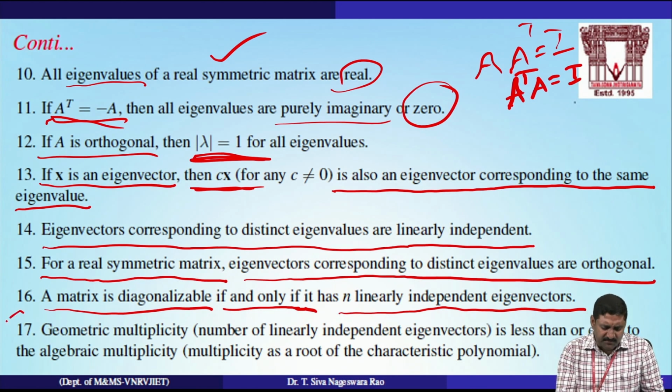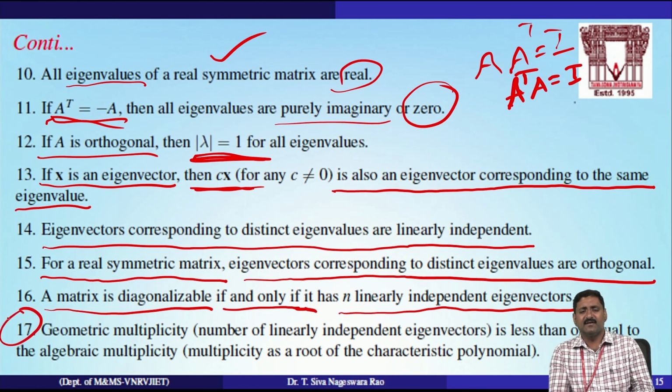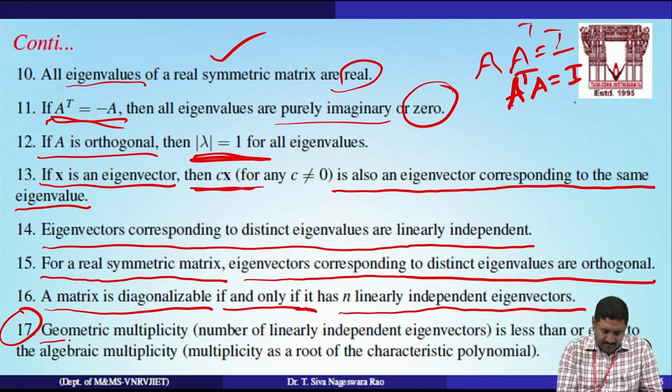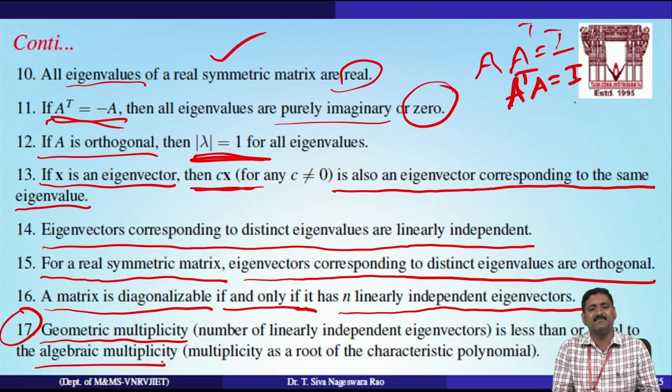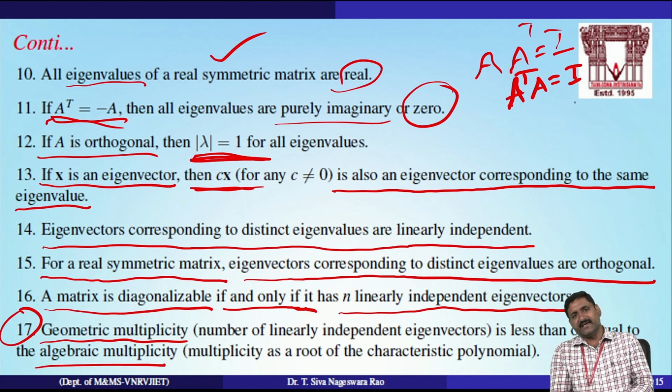And one more important property is geometric multiplicity and algebraic multiplicity. What is algebraic multiplicity? Algebraic multiplicity is the number of times an eigenvalue is repeated. Suppose I am given matrix capital A whose eigenvalues are 1, 2, 3.